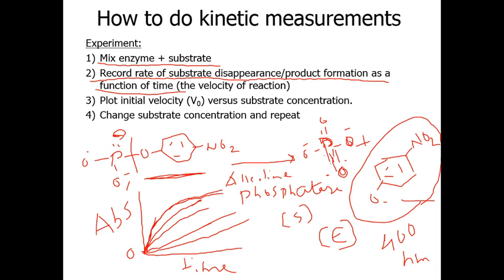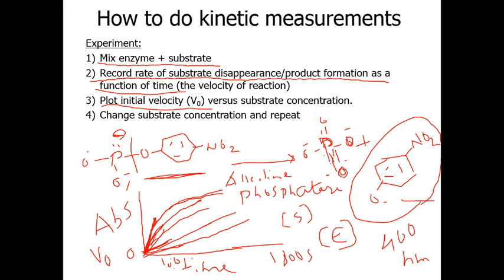So the initial rate is this portion. Now, let's say this is about 100 seconds, and the total time is, let's say, 1800 seconds. And at 100 seconds is the initial rate, or this is given by V0. And that's what we are measuring.